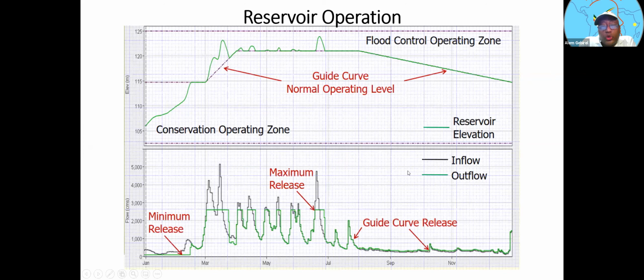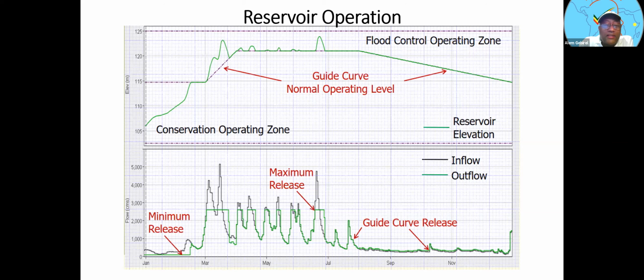This is also to show you that you have a guide curve depending on how much flow is coming in. You can set either minimum release, maximum release, or release due to power supply. So the top picture shows you the guide curve. If the reservoir is below the guide curve, it releases the minimum.